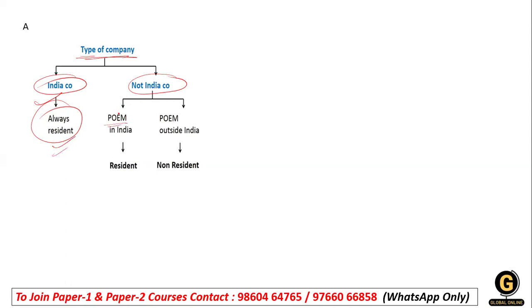POEM is place of effective management. If the place of effective management is in India, then the company is resident of India, and if the place of effective management is outside India, then it comes under non-resident. So what you have learned here is that only two words are used: resident and non-resident. Only two things.